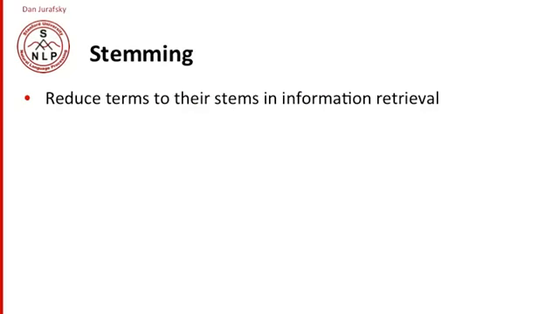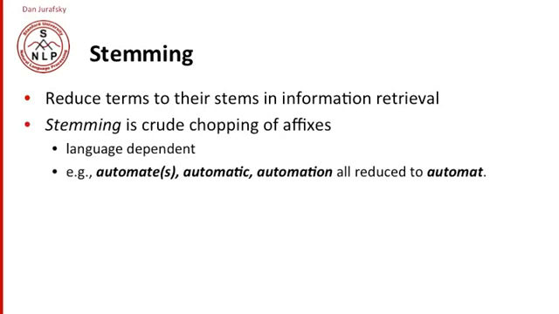So stemming is the task of taking off these affixes to reduce terms to their stem. And it's particularly historically derived from information retrieval, although it's used in all sorts of applications. We use the word stemming when we specifically mean a kind of crude chopping off of affixes. And this is, of course, a language-dependent kind of process.